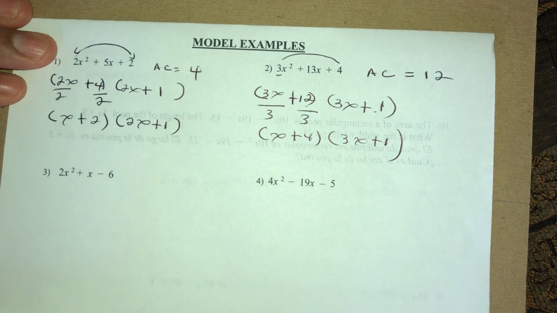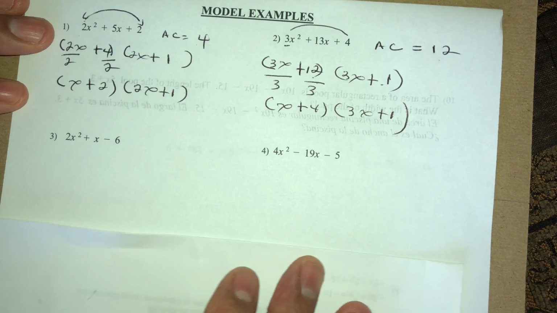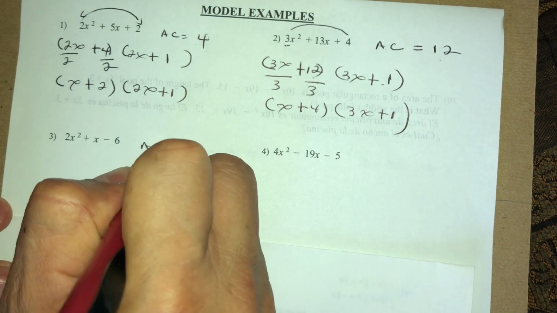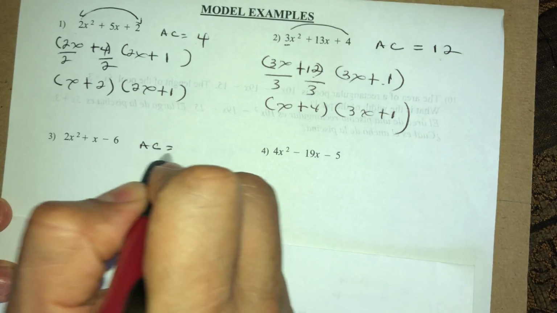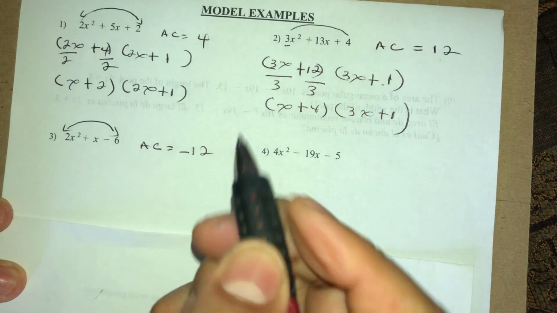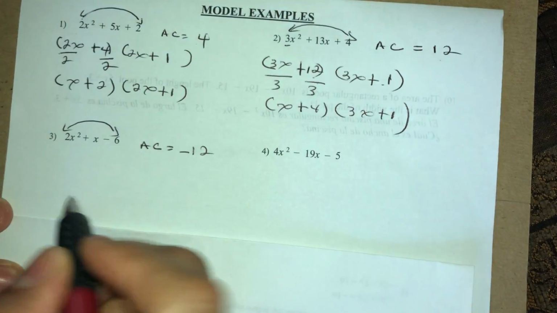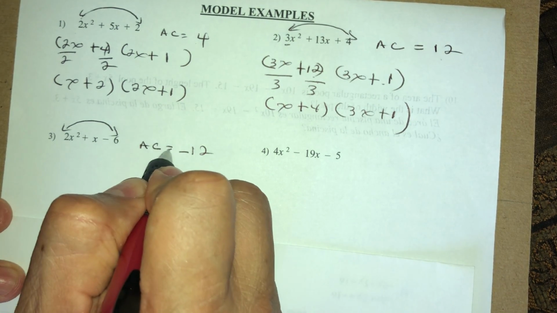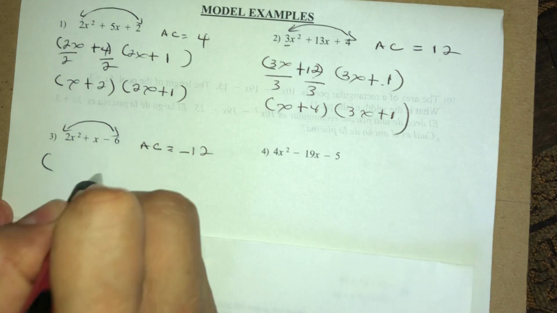Nothing new, same as yesterday, all right? Now, my new AC here, or my new value of C, is going to be negative 12 when I multiply these two. Now, when the last term is negative, we're going to need different signs.